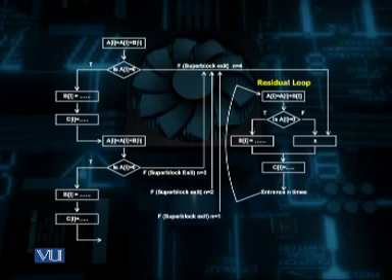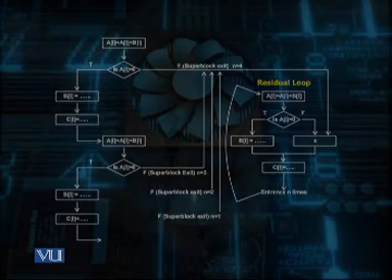Here this residual loop handles the iterations that occur when the unpredicted path is selected, which means that if the unpredicted path is selected for n is equal to 1, then the remaining iterations, in this particular case the remaining 3 iterations, are taken care of by the residual loop.